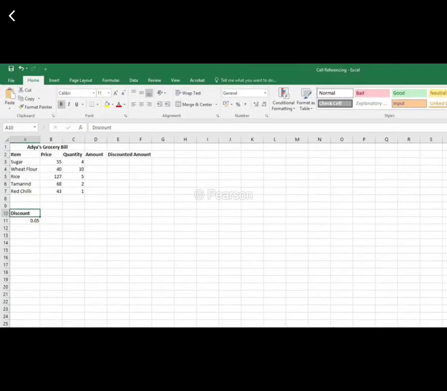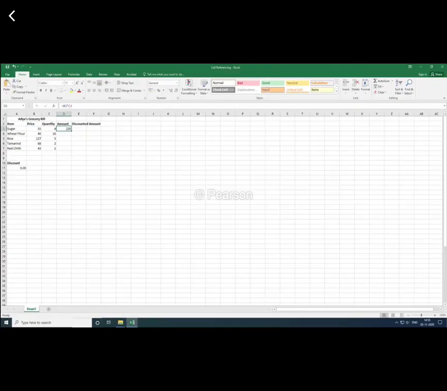Here is Adya's grocery bill. Let us find the amount Adya pays for each item. For this, we should multiply the price with the quantity. For sugar, the formula would be B3 multiplied by C3. For wheat flour, it would be B4 multiplied by C4.